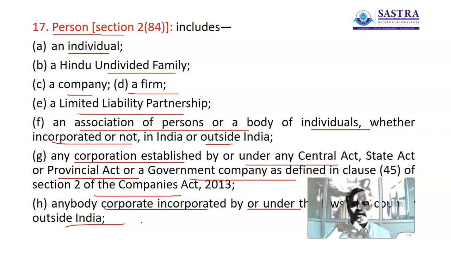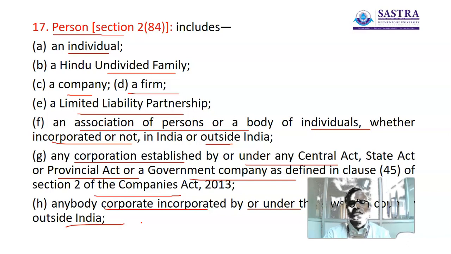Person includes an individual. But here you have to know the persons may be of three types: real person, artificial person, and representative person. But here you have to take both real and artificial. Real means human beings, those who are the creation of God.